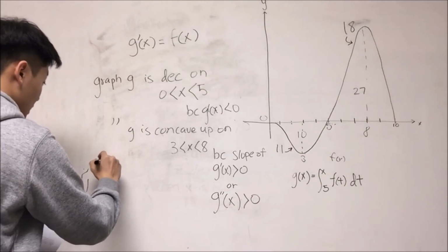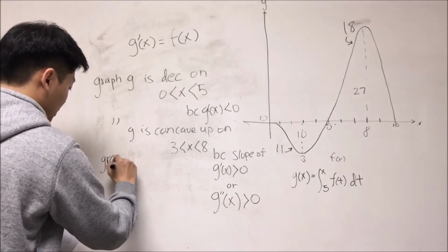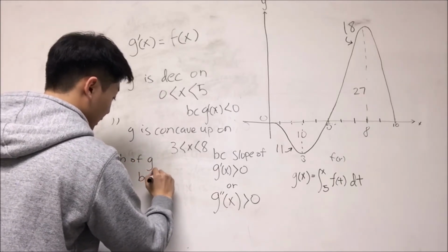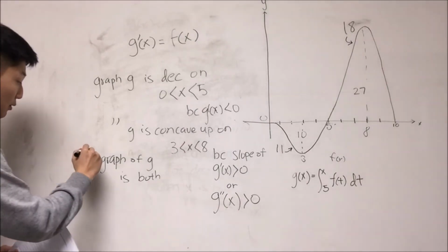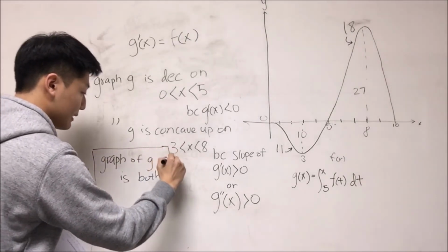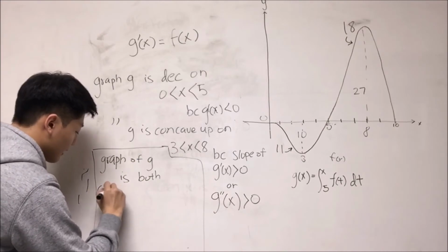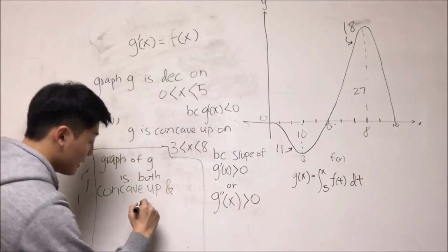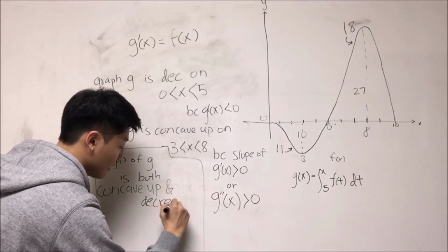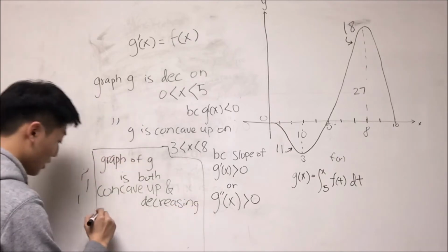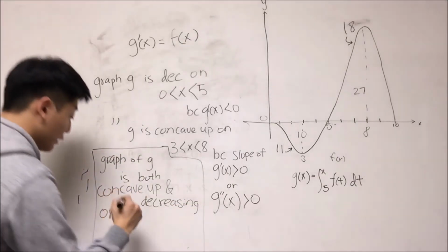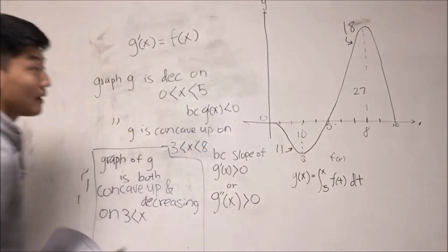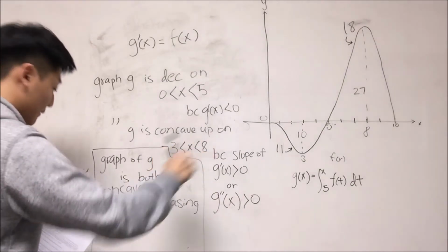Thus, the graph of g is both, I'll write like this, concave up and decreasing on, when we combine, it will become, like I said, 3 to 5.